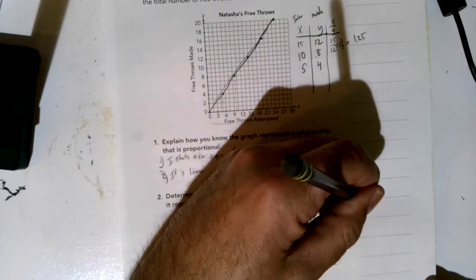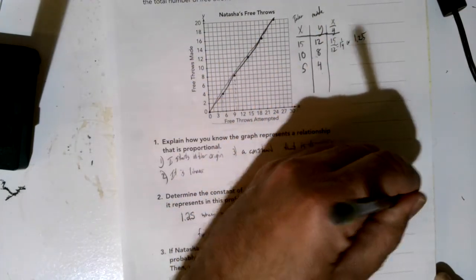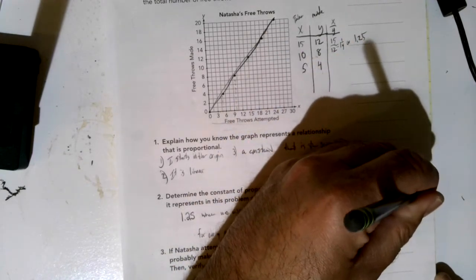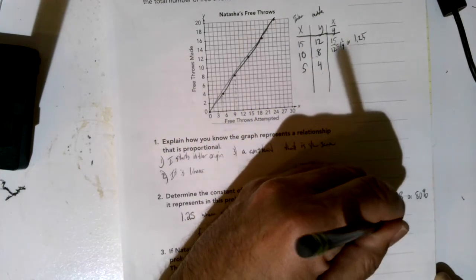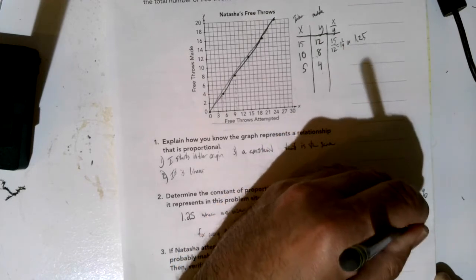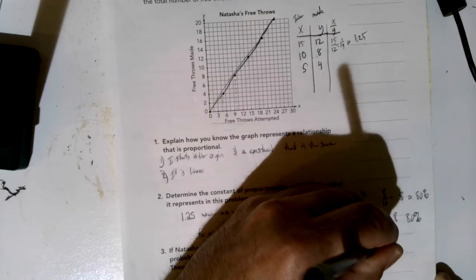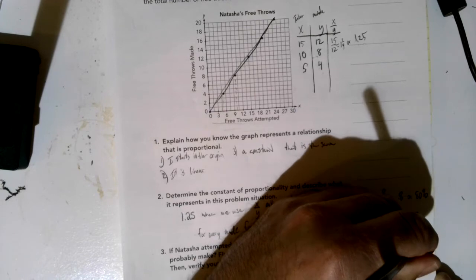And so in order to do that, then we just express it as y over x. And on this one, if we use any of these points, let's start with 8 over 10. We get 8/10 or 80%, meaning that if we did 4 over 5, we're still going to get that 8/10 or 80% because it's proportional. 12 over 15 is also going to be 8/10 or 80%.